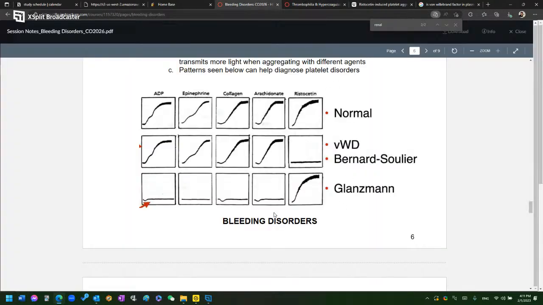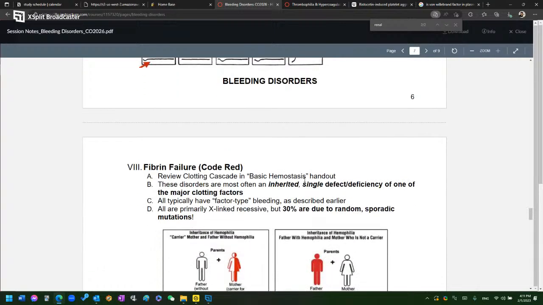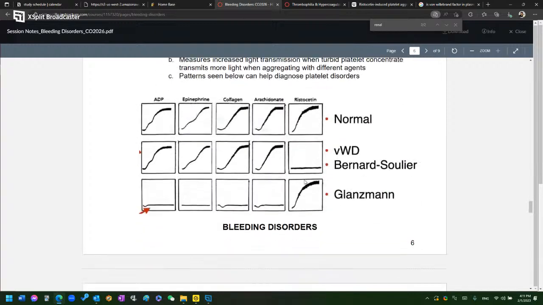So no amount of friendliness is going to help your loner platelet. However, somehow ristocetin works. I really don't understand why ristocetin works.